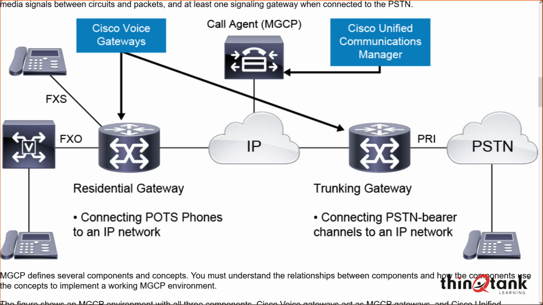On the right, we see an MGCP gateway with a PRI, primary rate interface connection to the PSTN. On the left, we see a residential gateway, meaning a home office type of gateway with an FXS port, which is a foreign exchange station port that provides dial tone, a DS0, and an FXO port, which acts as a trunk, a DS0 trunk to another phone system, and so on.